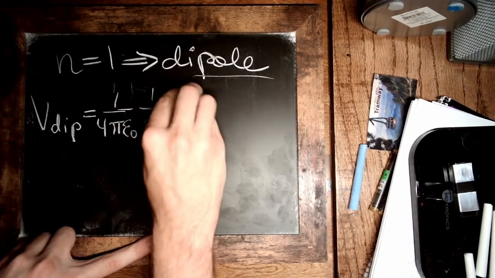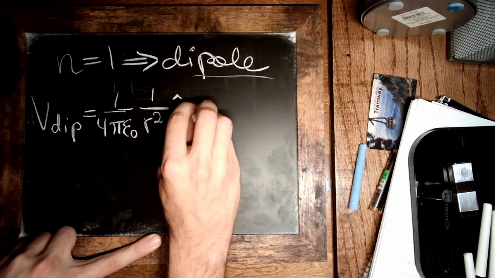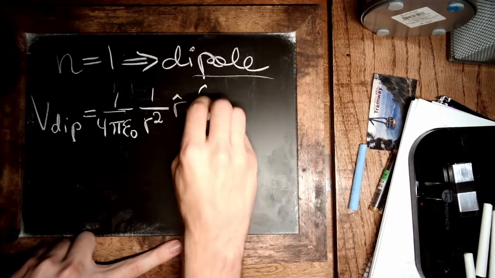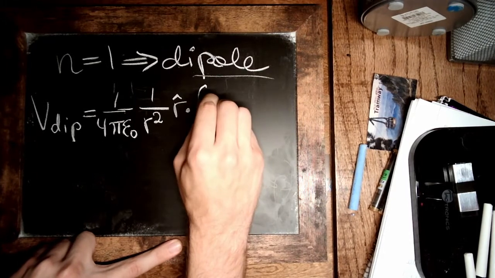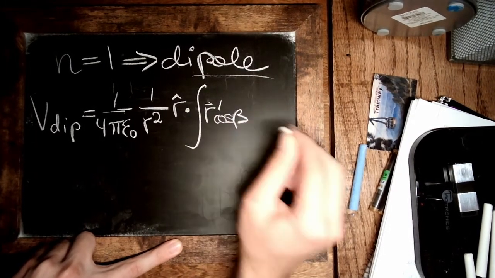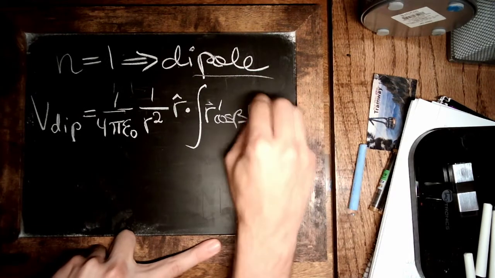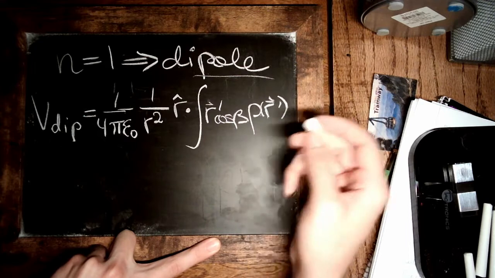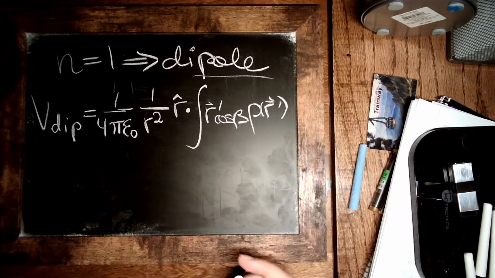We're going to dot in the unit vector r hat to an integral, which will be important, r prime cosine of beta rho of r prime, of course, integrated over the volume.